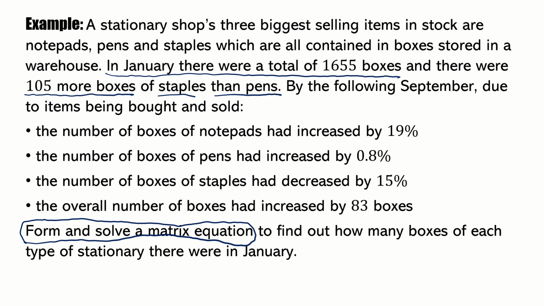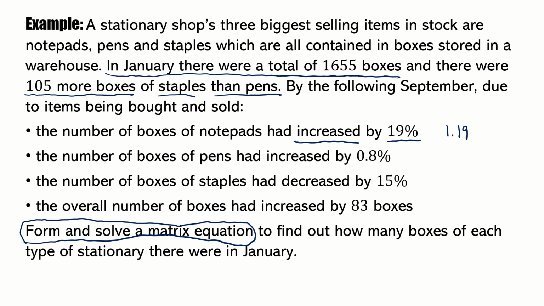Continuing on with the wording, we're then told that now at a later time, by the following September, due to the items being bought and sold, the number of boxes of notepads has now increased by 19%. That means if we are doing this as a percentage increase, we are effectively multiplying by the number 1.19.